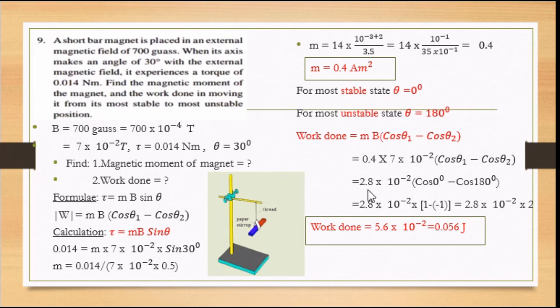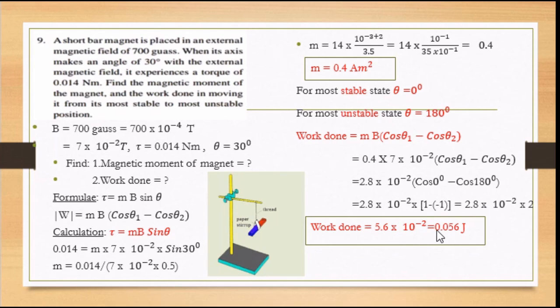So this becomes 2.8 into 10 raised to power minus 2 into (1 minus minus 1). Now 1 minus minus becomes plus, so 1 plus 1 becomes 2. So this will become 2.8 into 10 raised to power minus 2 into 2. Again 2.8 into 2 becomes 5.6, and 10 raised to power minus 2 as it is.